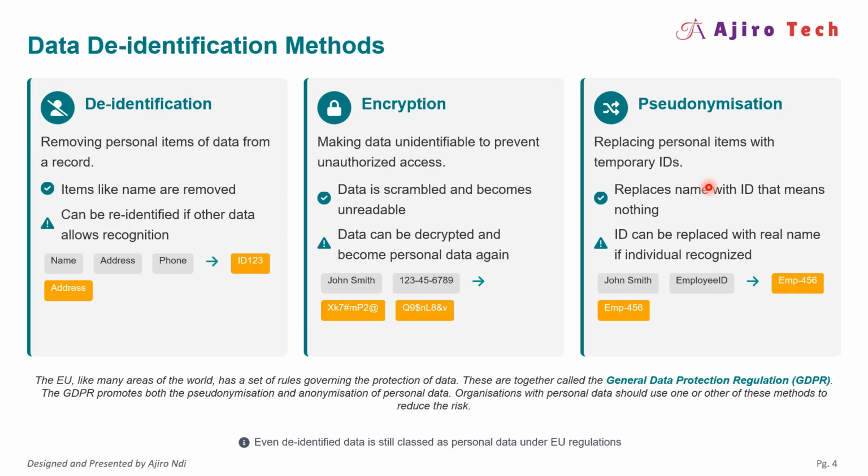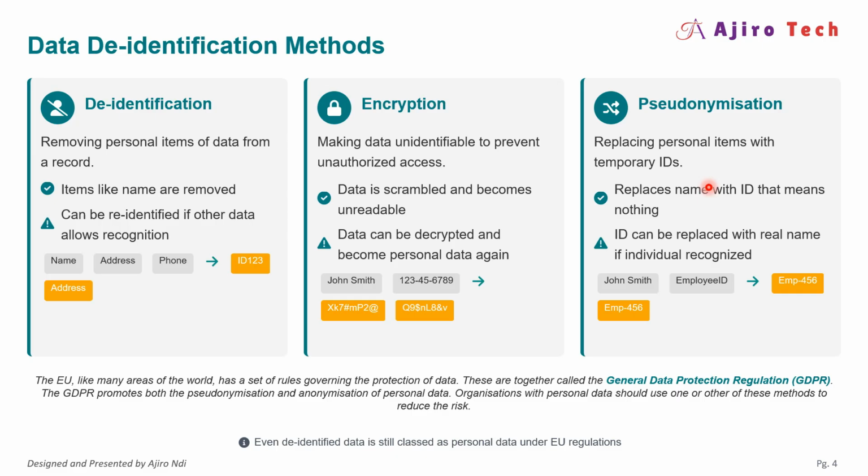The problem is it is similar. Don't get me wrong, it's similar, but it's not the same thing. With de-identification, somebody can recognize that individual from the rest of the record. So you have the name removed, or in this case, replaced with a temporary ID, while for de-identification, you have certain items of the person's data removed and the rest left.